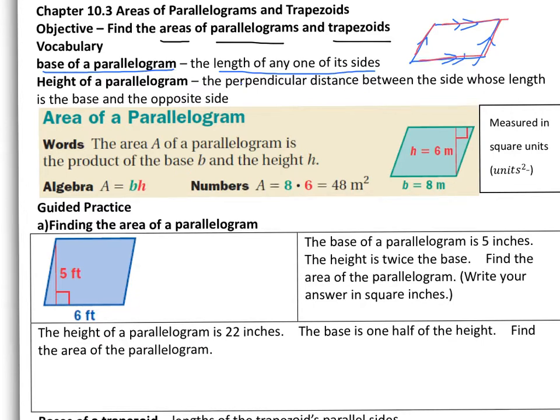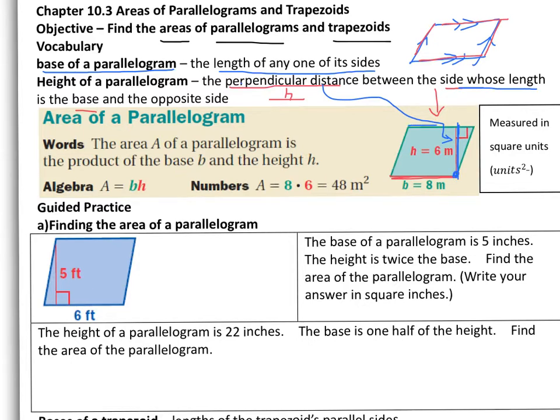The height of a parallelogram is the perpendicular distance between the side whose length is the base and the opposite side. So if I let the side for this parallelogram be the base, then the height of the parallelogram would be the perpendicular distance between the side whose length is the base and the opposite side.